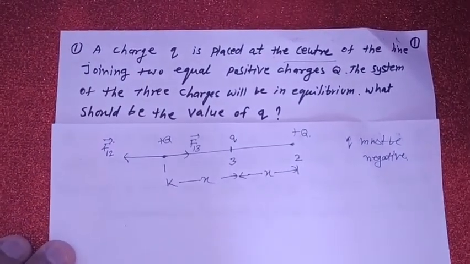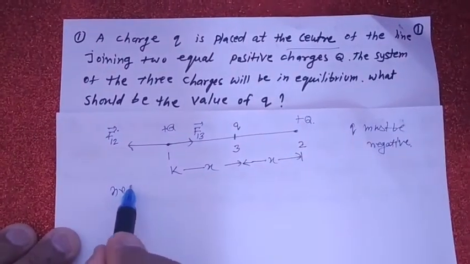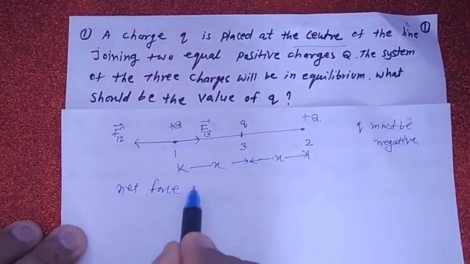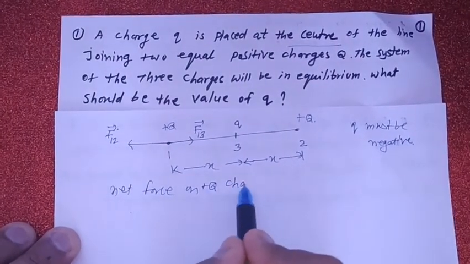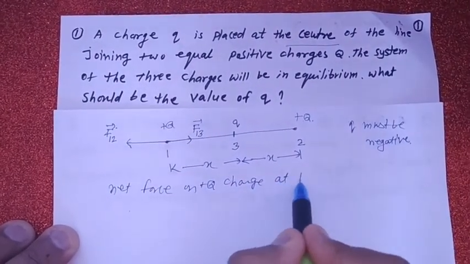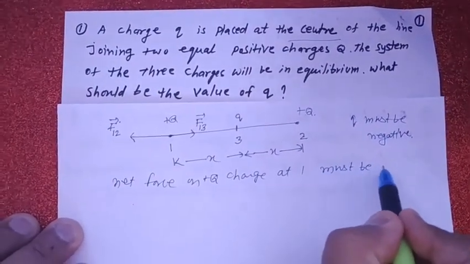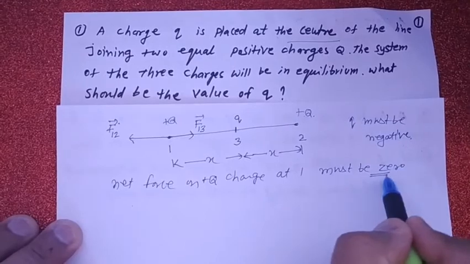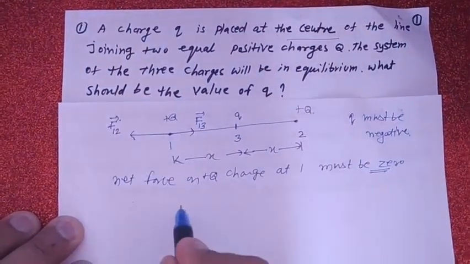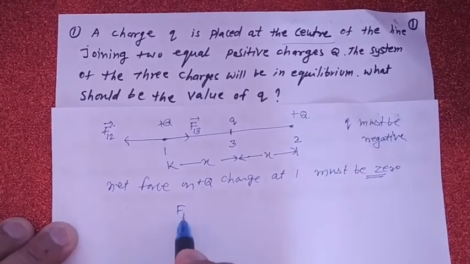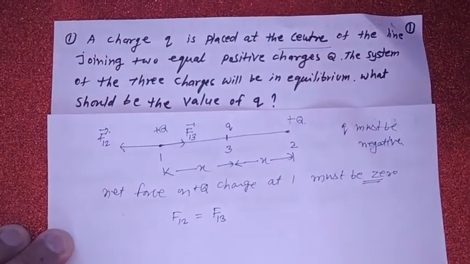If the system is in equilibrium, it means the net force on plus Q charge at 1 must be 0. So we can say that F12 is equal to F13.